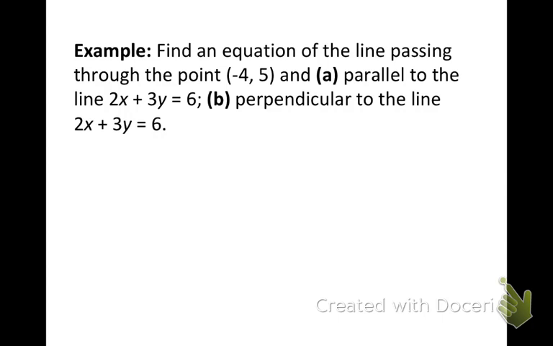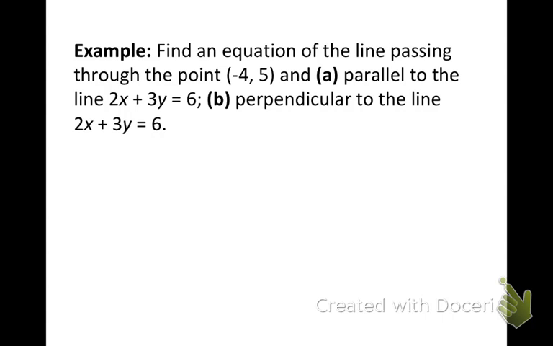If it's parallel and passes through that point, what should be true about the slopes of the dotted and the solid line? They should be the same, right? So the only thing I care about that solid line is what its slope is. Can you find the slope of that line? Hopefully. Let's go ahead and do that.